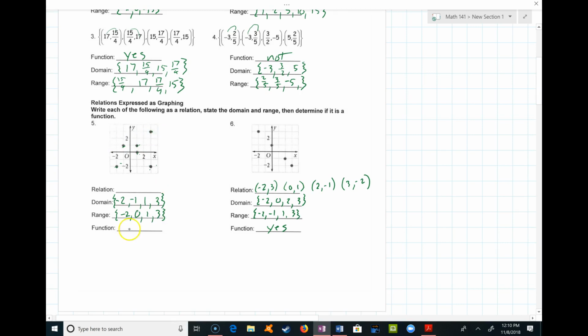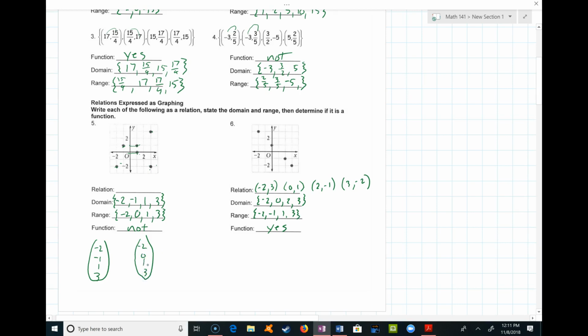Is it a function? No, because this x value of 1 is connected to a y value of 0 and a y value of 1. So it's not a function. Now the relation part, what we need to do is just describe how they're related, or who's related to who, so to speak.